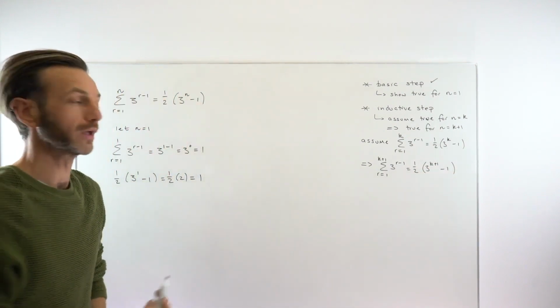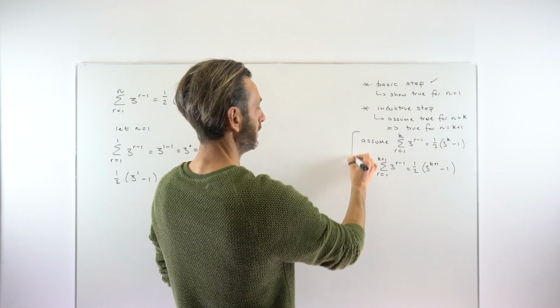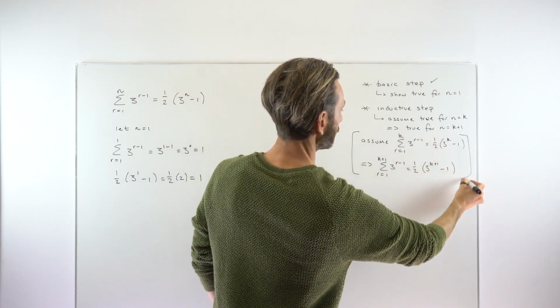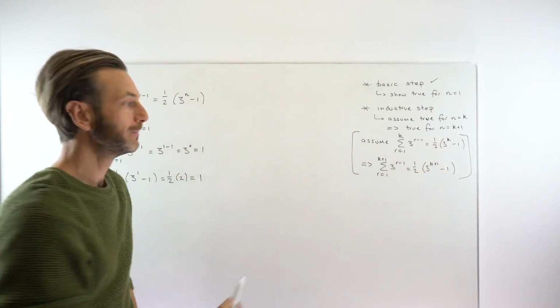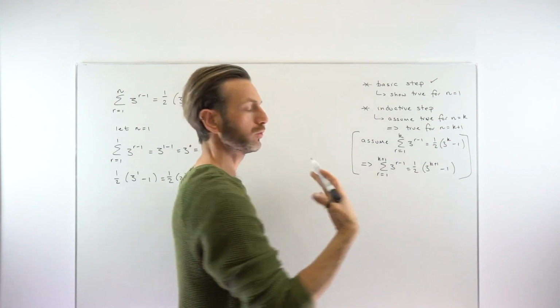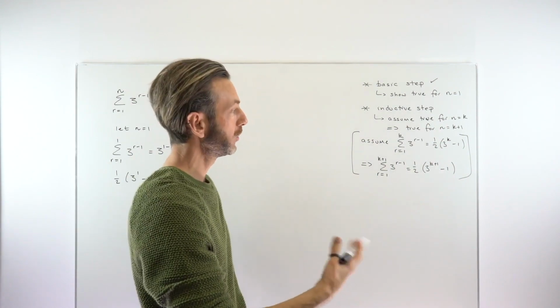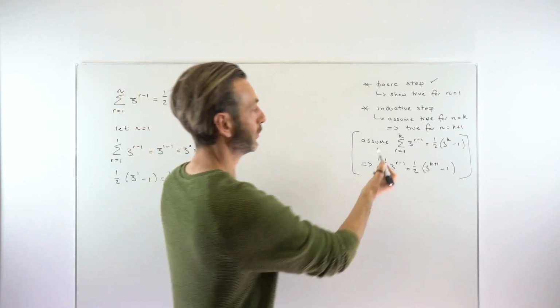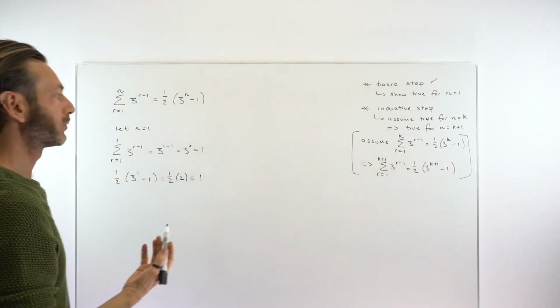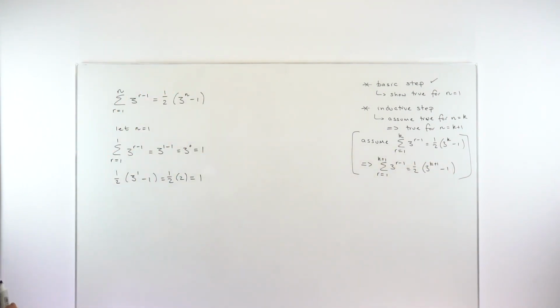Okay, so that's what we're trying to show. This is not really part of the working, it's just side working, but it is useful to write that down. This gives us a target, and it also reminds us that on the way to that target, we'll need to use this assumption. Otherwise, we're not using proof by induction. You've got to use your assumption at some point.